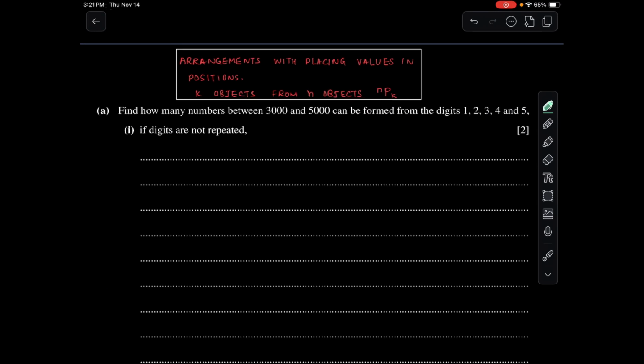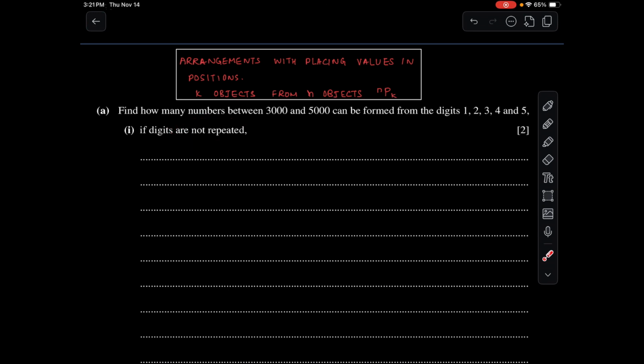Now this question is very common in the AS level exam. Arrangements with placing values in positions. Let us read the question. Find how many numbers between 3000 to 5000 can be formed from the digits 1, 2, 3, 4 and 5 if the digits are not repeated.